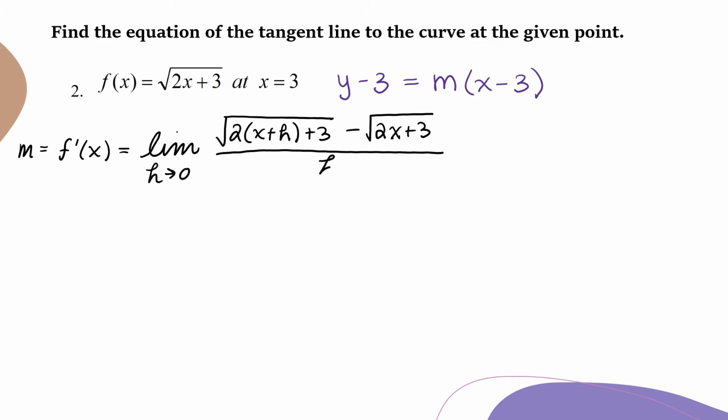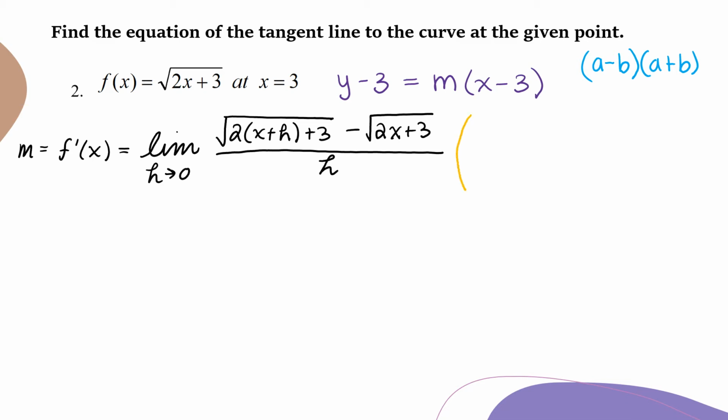all over h. And you might remember that when we have two terms in our numerator, especially if they involve any sort of square roots, then a good simplification strategy is to multiply by the conjugate. Recall that the conjugate of a minus b is a plus b. So it's the same thing, except instead of subtracting, we're going to be adding the two terms.